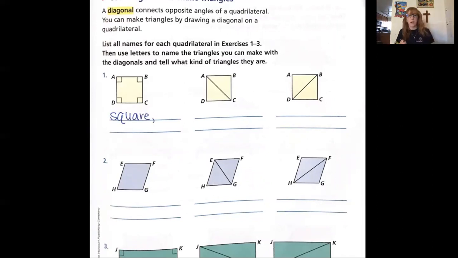A square can also be a rectangle and a rhombus. Now remember, a rhombus has 4 sides that are equal, which is true for this square. So we'll put rhombus. A rectangle has 4 right angles, so it's a rectangle.